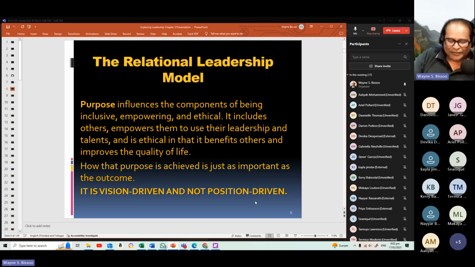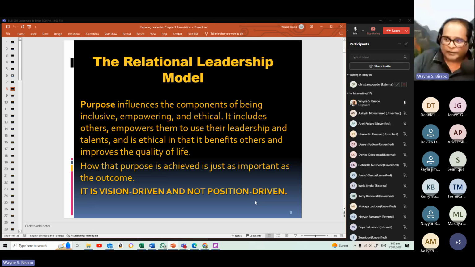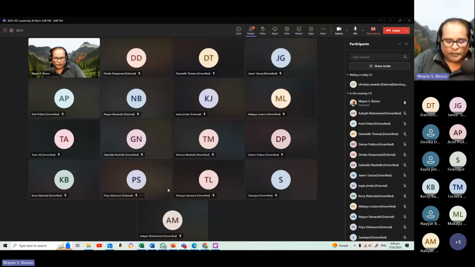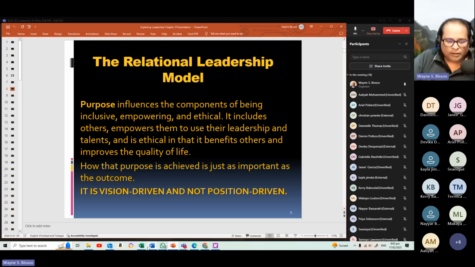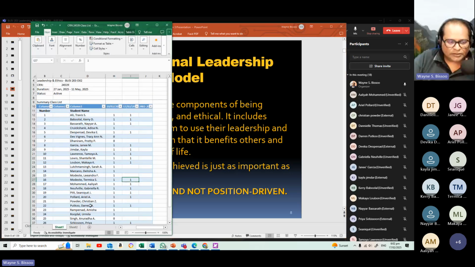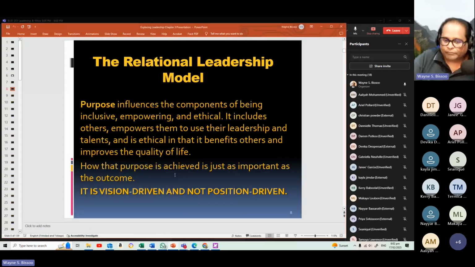So let's start with the first element, which is purpose. How many of you have a personal vision for yourself moving forward in the future? How many of you have been asked this question before?